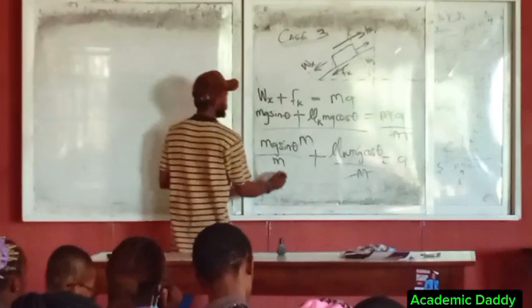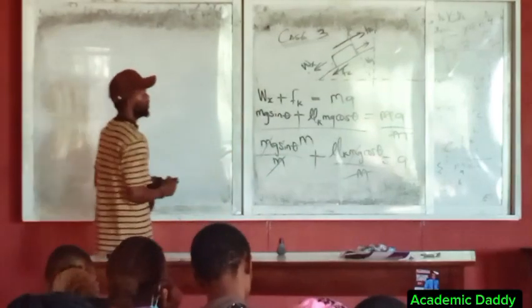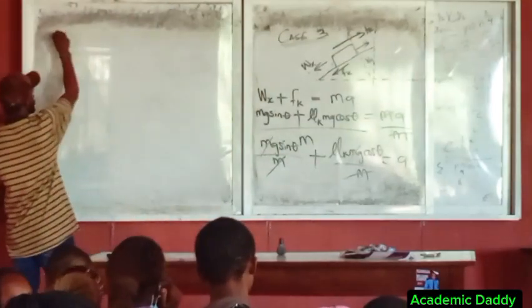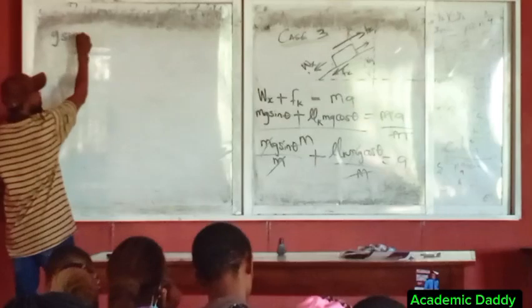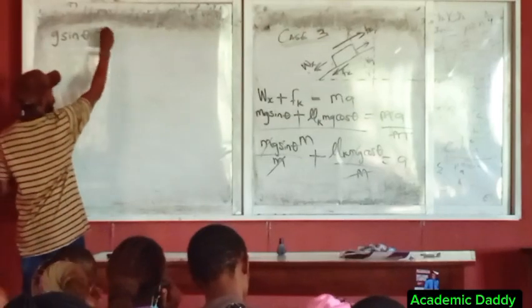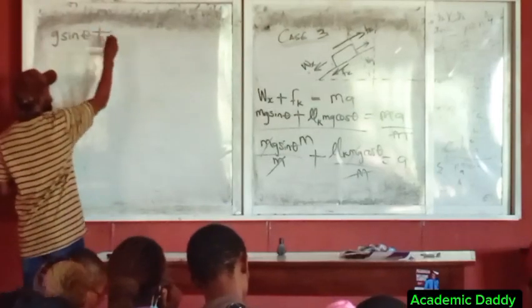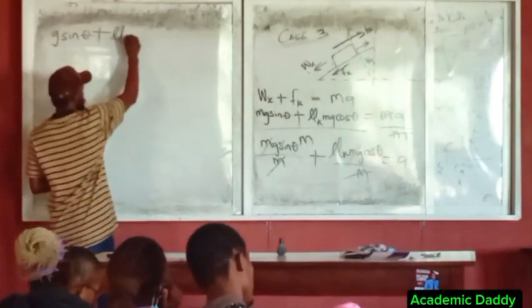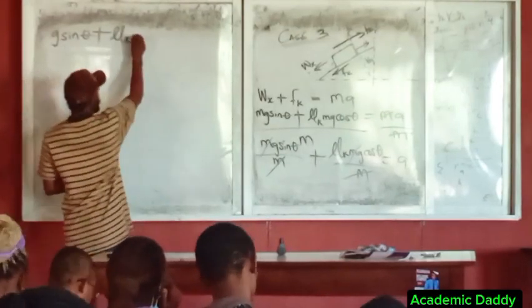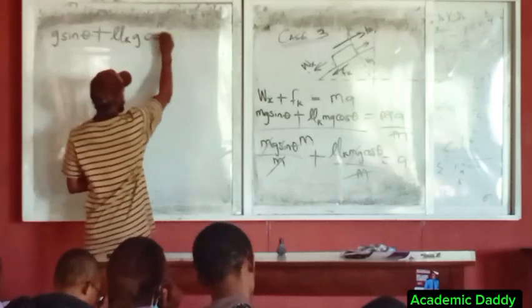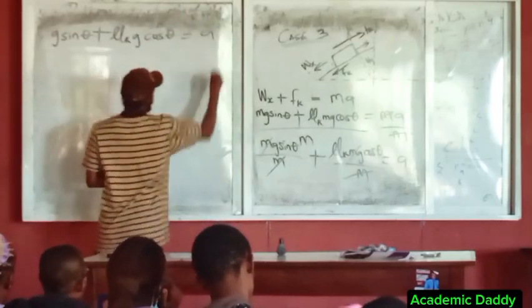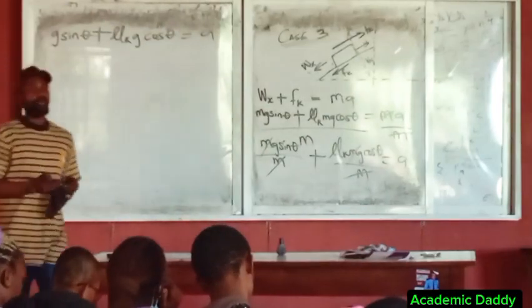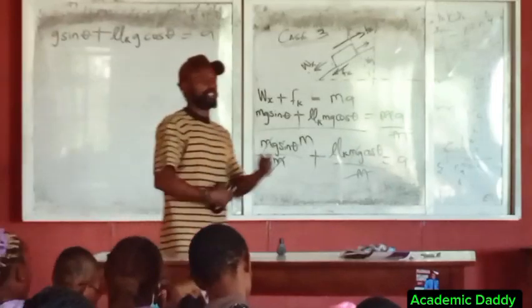And I know that the m can take care of this. So that I have g sin theta plus coefficient of kinetic friction times g cos theta equals a. So in case 3, what I have is a collection of forces.